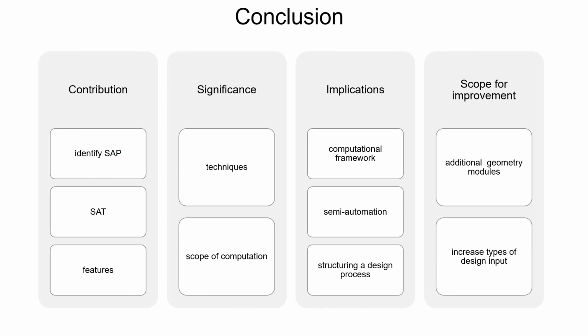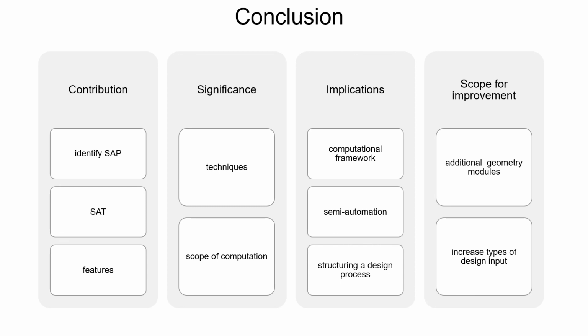In this paper, we have attempted to provide a scalable solution to the space allocation problem, and we propose numerous features that will allow it to be extended to design applications. Novel techniques have been introduced to enhance the scope of computation in architecture and urban design. This led to the development of a framework of solutions which permits semi-automation and structuring a design process to show the intent and constraints.